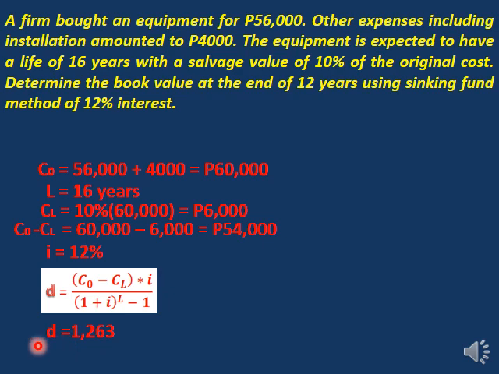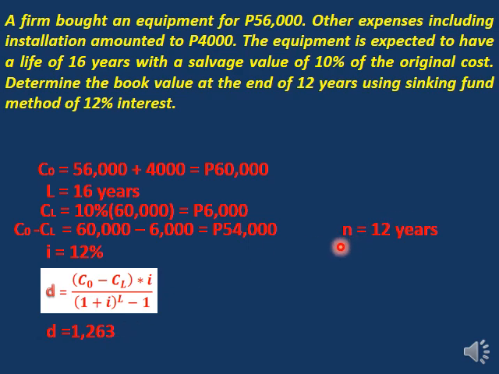Okay, so since the question is the total book value at the end of the 12 years, we're going to determine the total amount depreciated after 12 years first. That is, we need to determine the total amount deposited in the bank, including its interest, for 12 years.